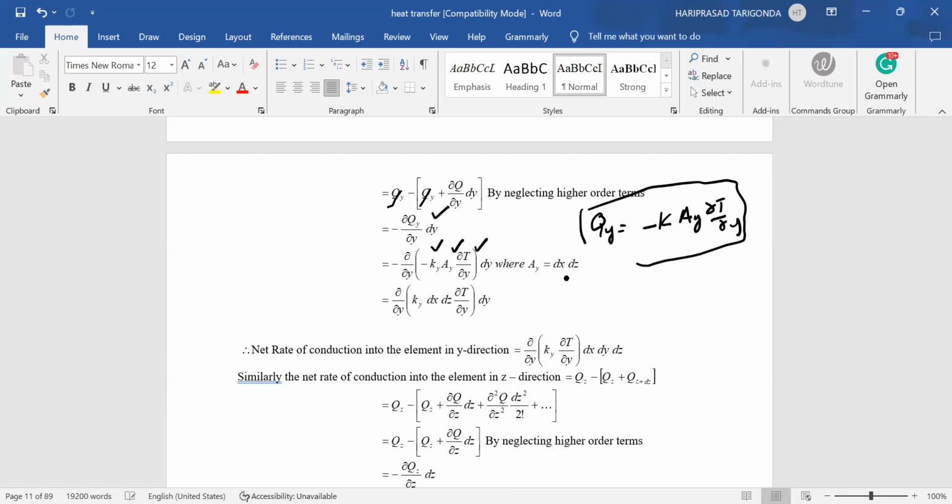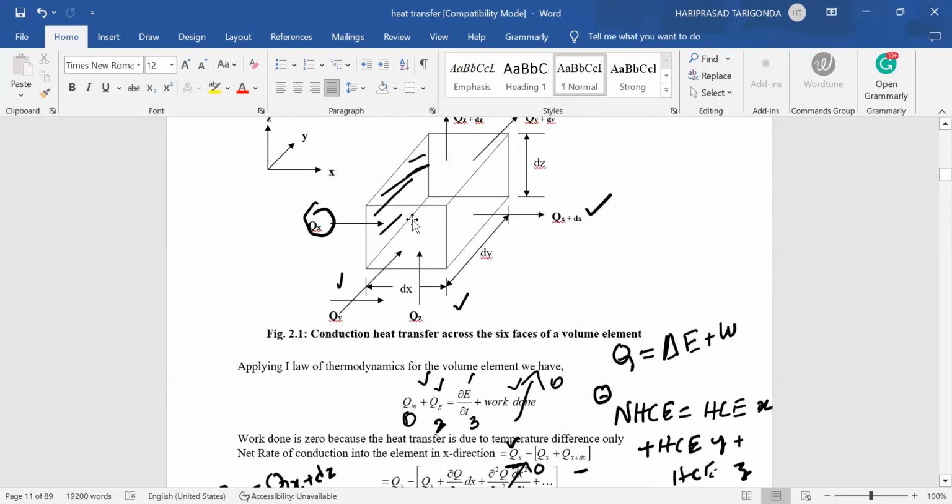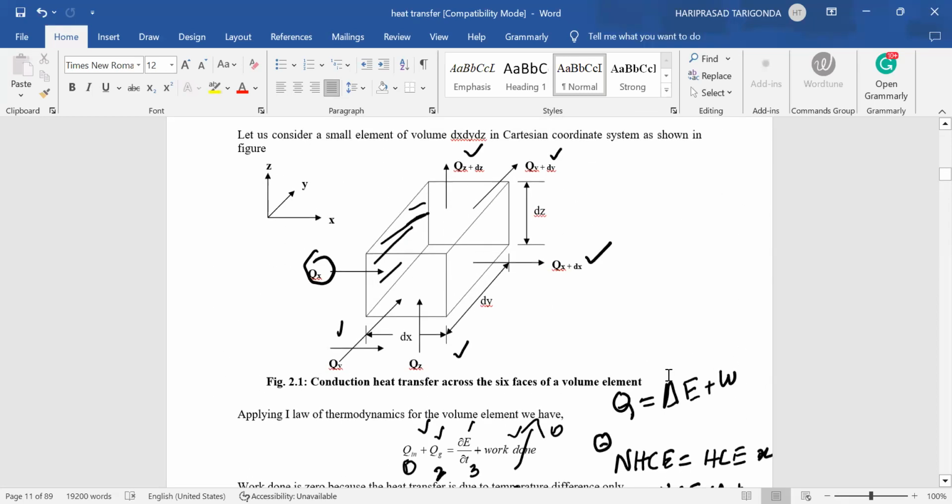Here A means surface area perpendicular to y direction. We are assuming this will be the y direction. One length will be dz, the other length will be dx. So this is the area of the element, dx into dz.